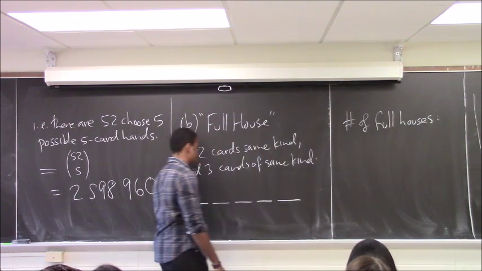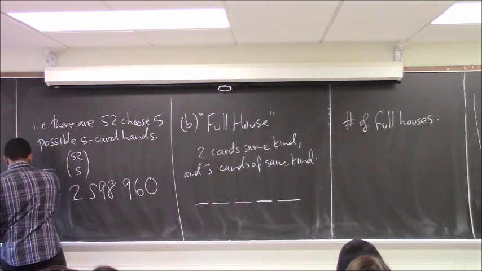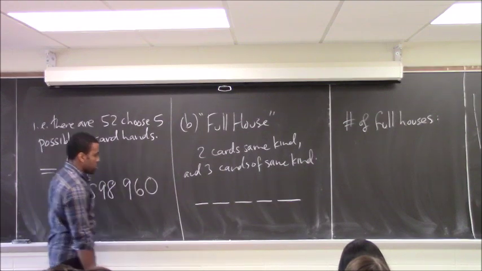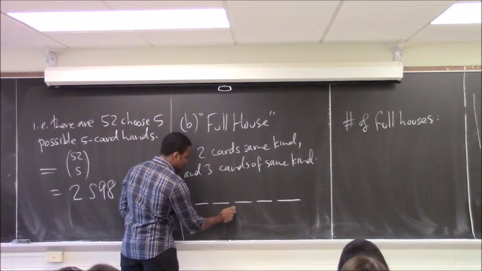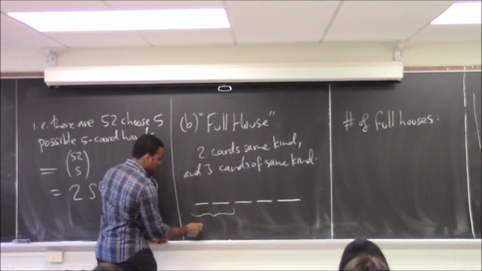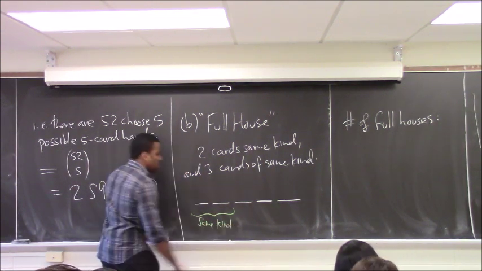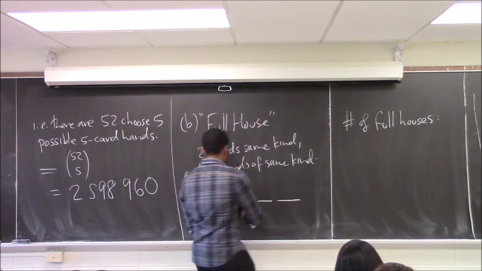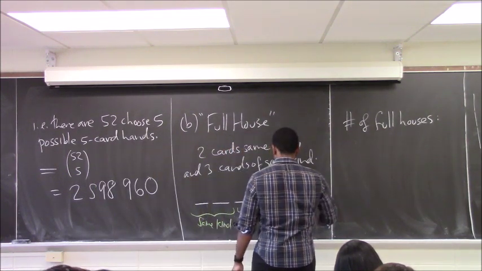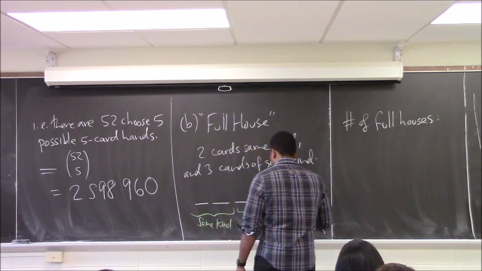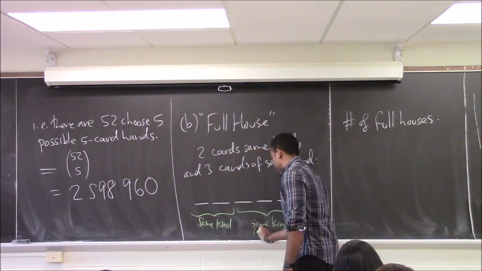Okay, so here are the 5 cards. Not necessarily in order. I'm just thinking of these as stages or something. So here, I know these 2. Let's make sure that they're the same kind. And these 3 here are the same kind. Of course, different from the first.